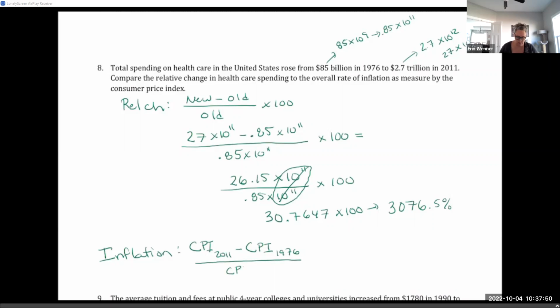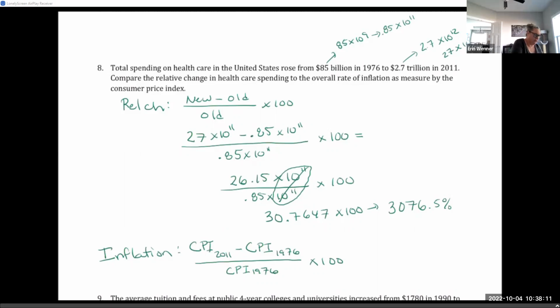And I want you to see that this formula is just a relative change formula. We're taking the CPI in the new minus CPI the old divided by the CPI for the old, right? We're just using different values than those monetary values that we had.